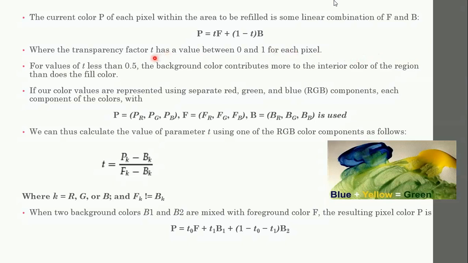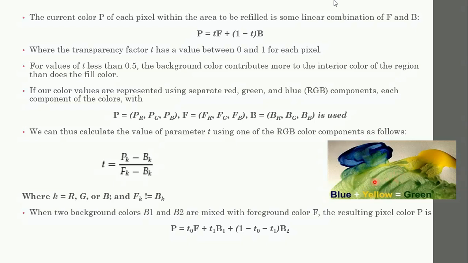Suppose, take an example here, if T is less than 0.5, the background color contributes more to the interior color of the region than does the fill color. In this particular example, you have combined the background color, that is blue, with the foreground color yellow, and you get a new color, that is green.